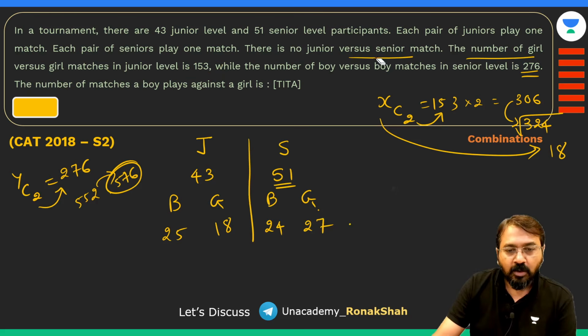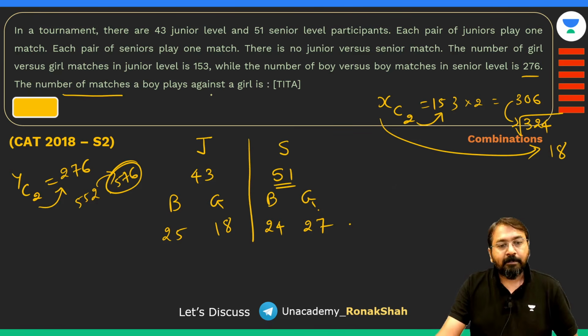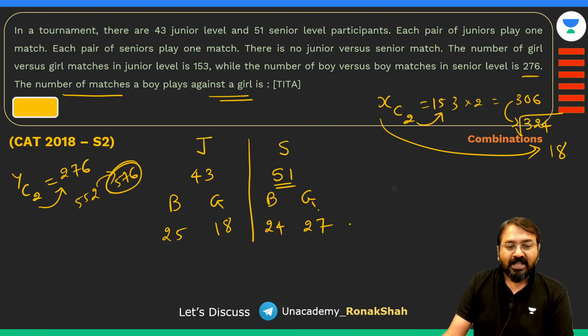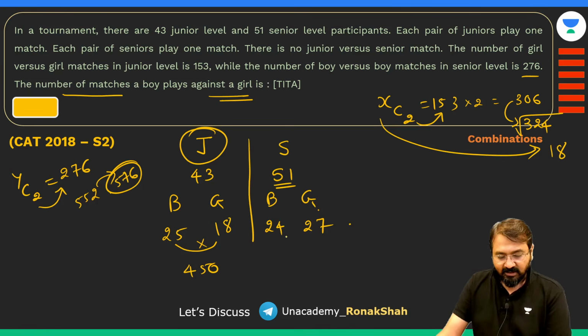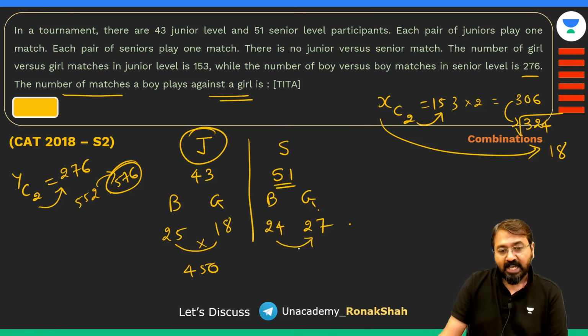So now what is our question? Our question is the number of matches a boy plays against a girl. So can I say in the junior level, these 25 boys will play with these 18 girls, one match each. So it will be 25 into 18, which is 450. Similarly, in senior level, these 24 boys will play a match with 27 girls.